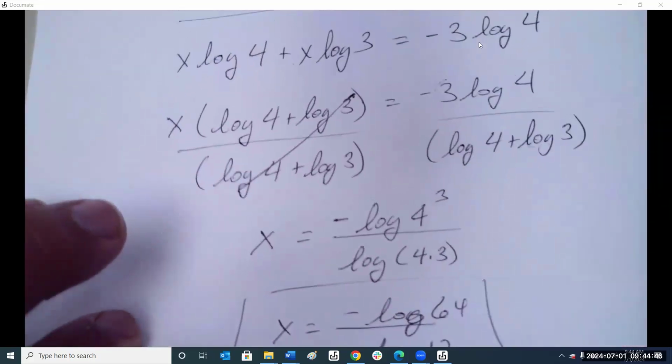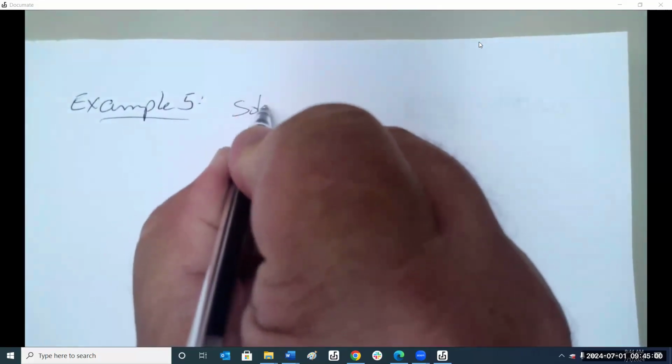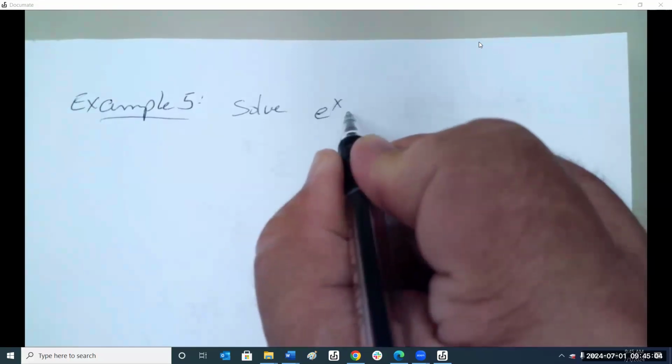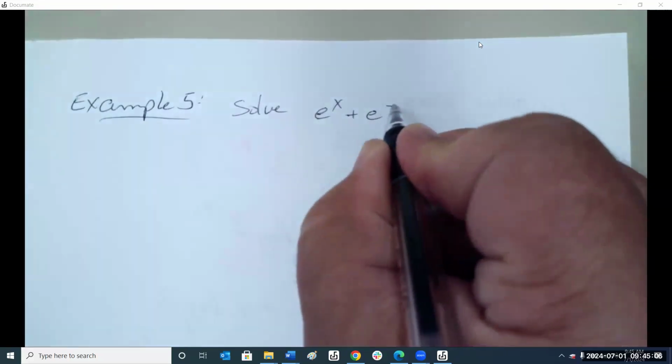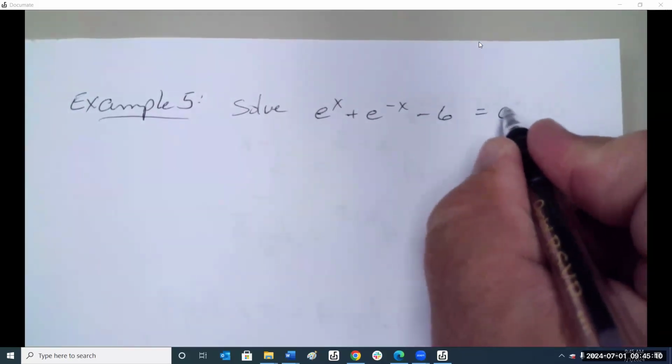That was example 4. Example 5. Solve e to the x plus e to the negative x minus 6 equals 0.